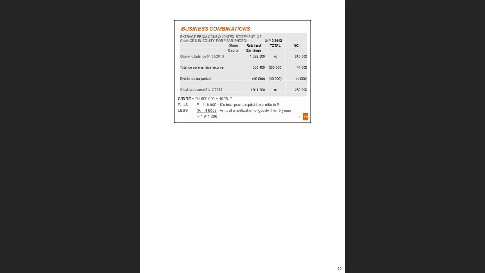If you have a look in your analysis of equity slide, which is on slide 19, I think, it is made up of the post-acquisition profits, which includes the current year and the period from acquisition date to beginning of current year, but the 80%. So 520,000 times 80%, that is 416,000.